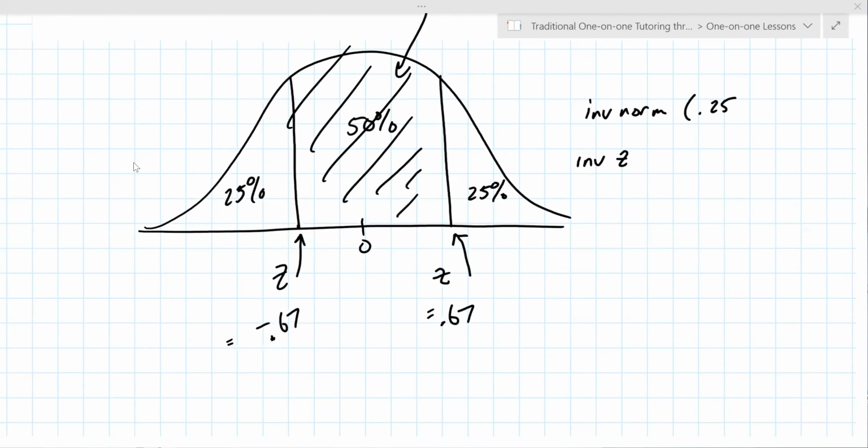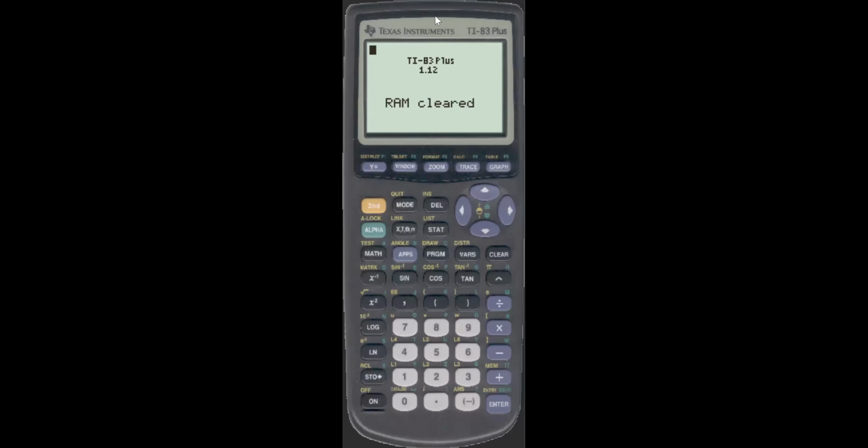All right, if you're seeing my screen, you see a TI 83 here. You're going to go to second distribution, which is above vars there. And you want inverse norm. Now if you've got a TI 84, it probably gives you something to fill in here.